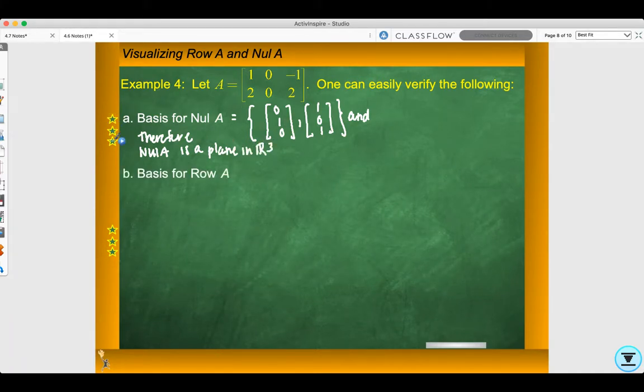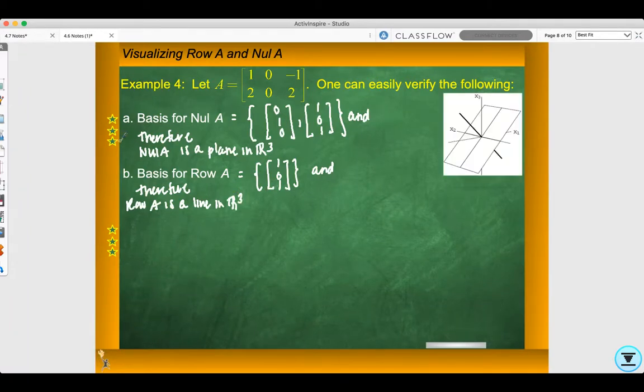The basis for Row A is 1, 0, 1. And therefore, Row A is a line in R3. So if I want to visualize this, these are the subspaces Null A and Row A.